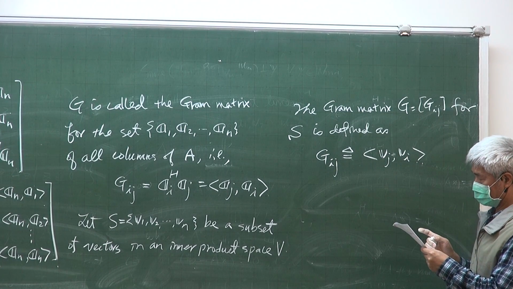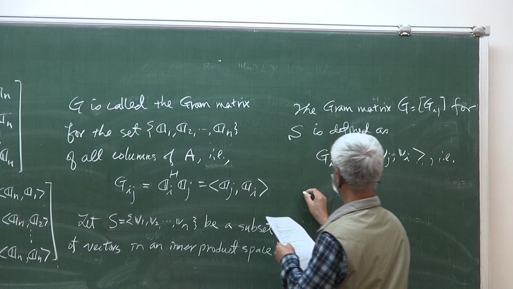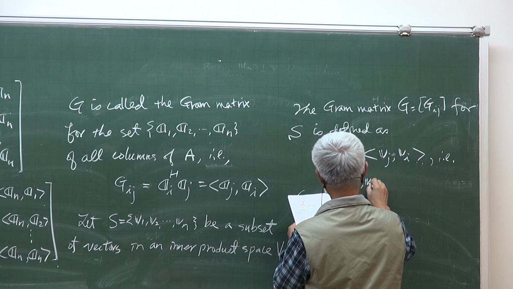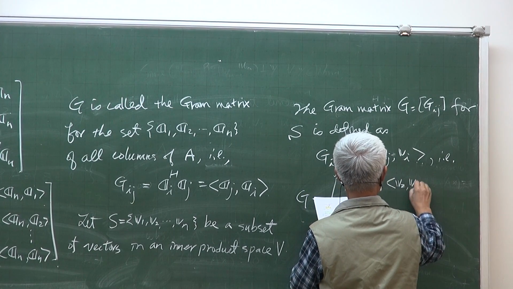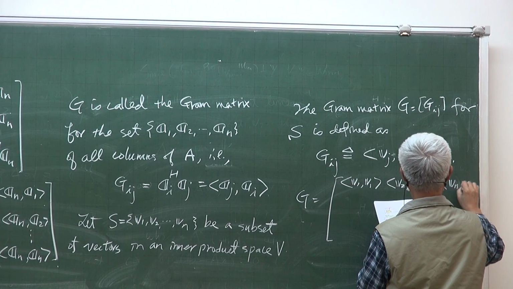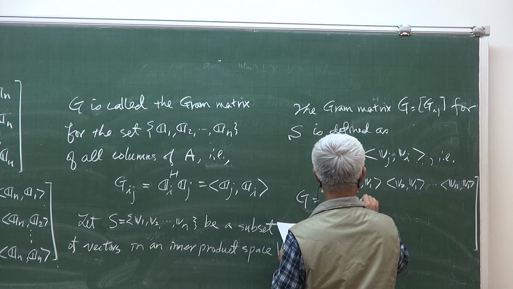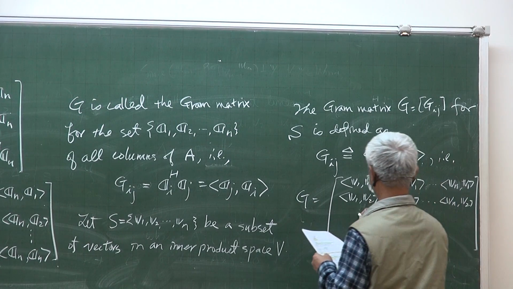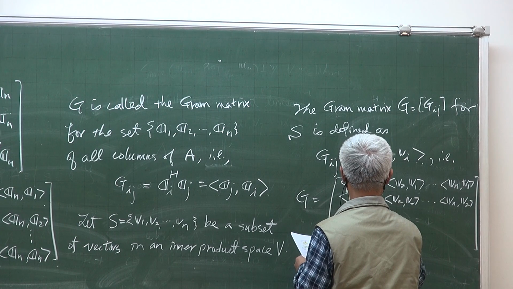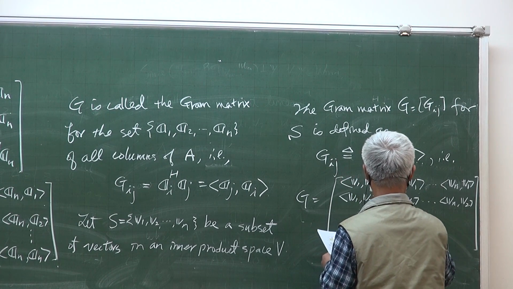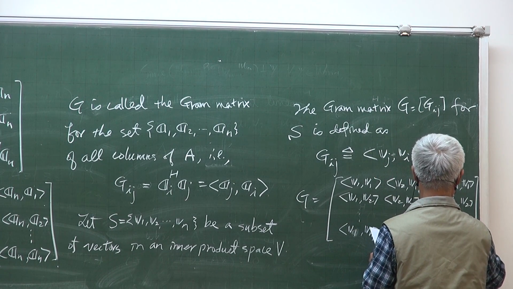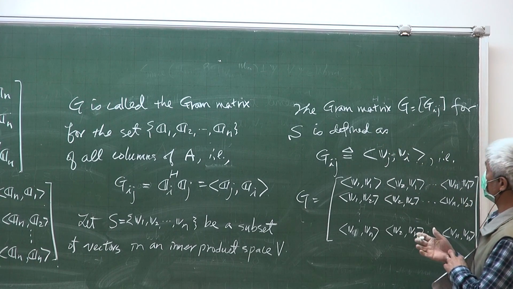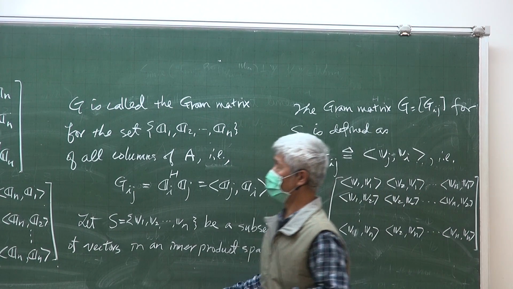So we can define G directly by the inner product. All right, so we can define the Gram matrix for any subset in an inner product space.